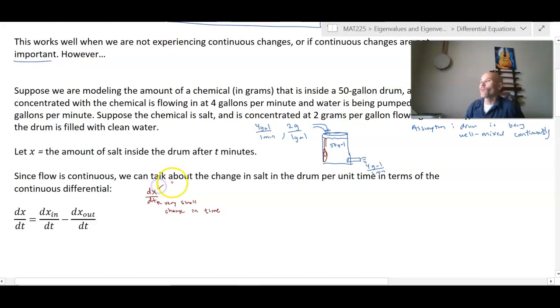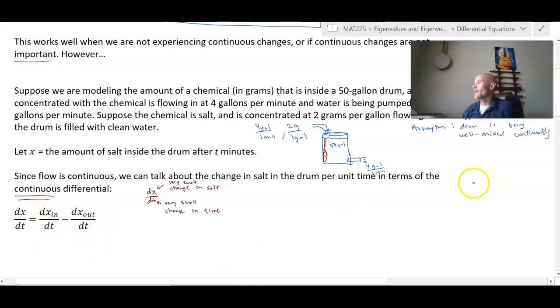And then there's going to be some very small change in salt. That's all we really need to know at this point. We don't need to get into the calculus of it. The point is that this is a continuous model. And so what we're going to keep track of is the rates of change. Specifically, the rate at which salt is coming in minus the rate at which salt is coming out.